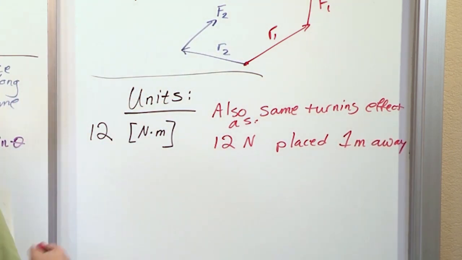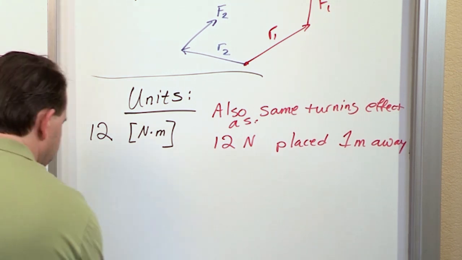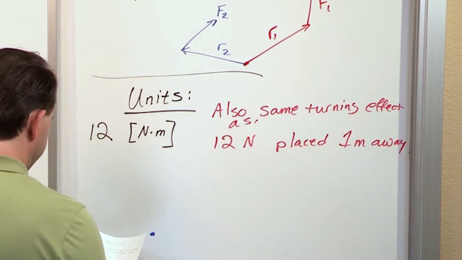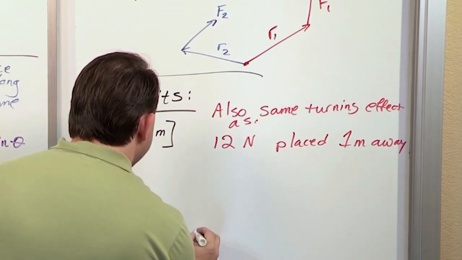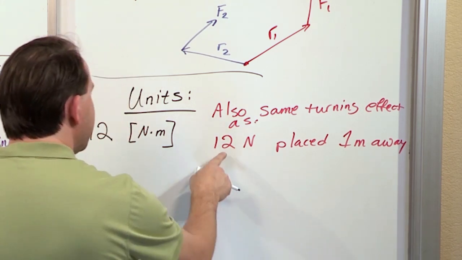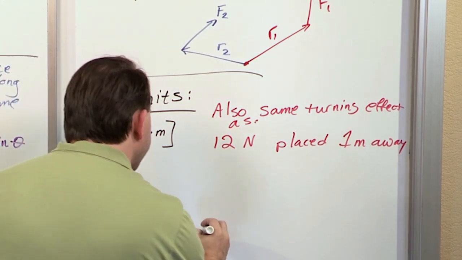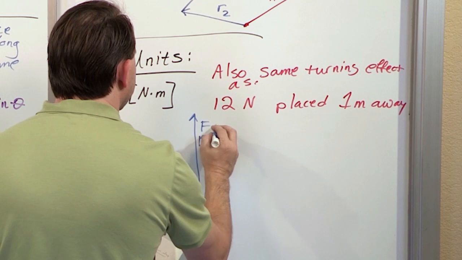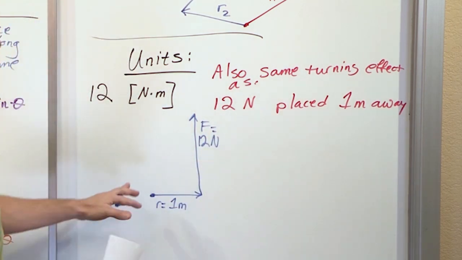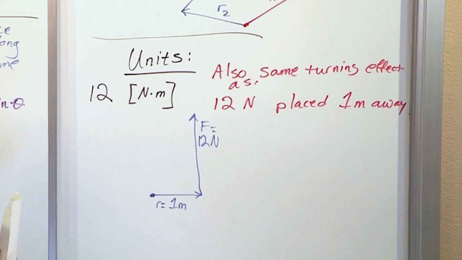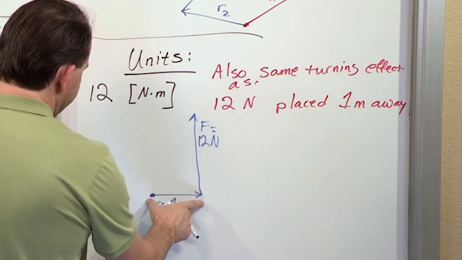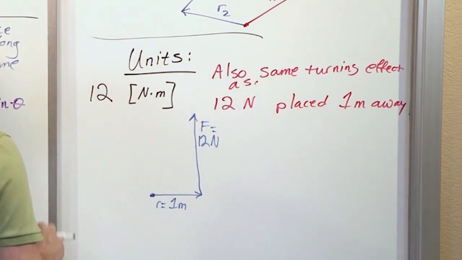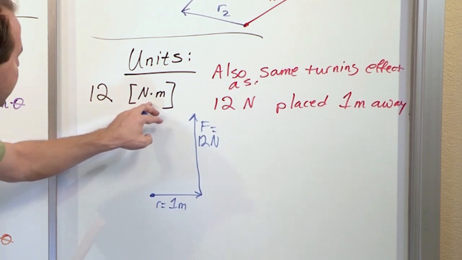Which means if I'm going to draw a quick picture down here, and I have 1 meter, then the turning force or the moment is like 12 newtons. This is the force. So this might represent what I'm talking about here, 12 Newton meters, right? 12 newtons, 1 meter away, a perpendicular component of 12 newtons, 1 meter away, gives me a torque in physics is what you would call it, but a moment of 12 Newton meters.